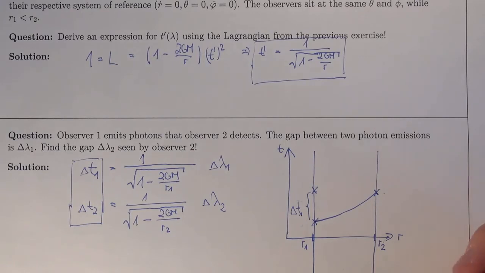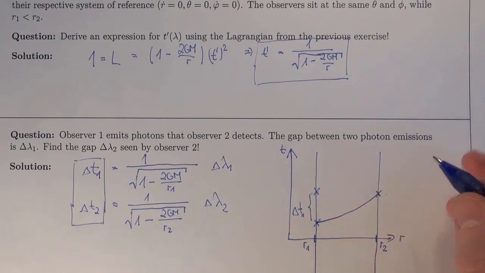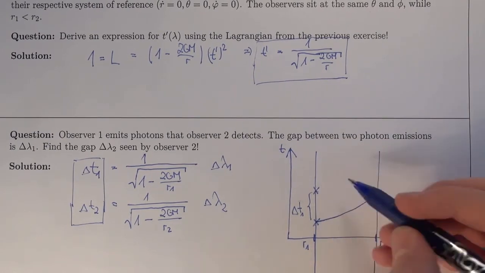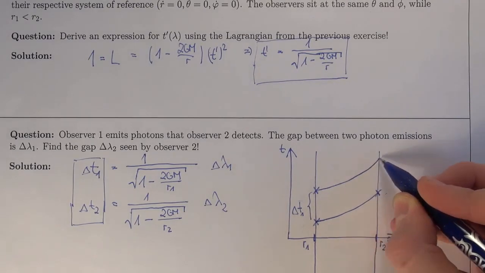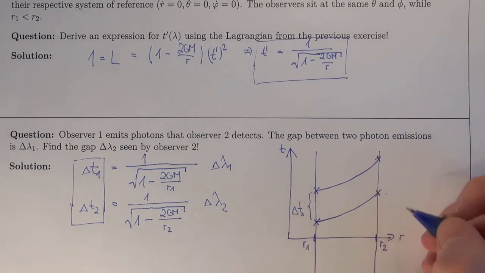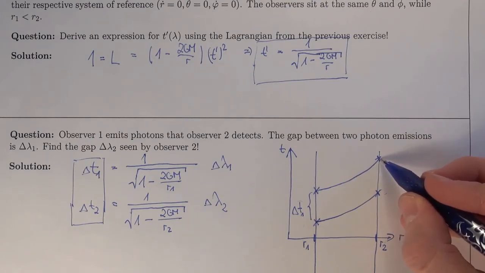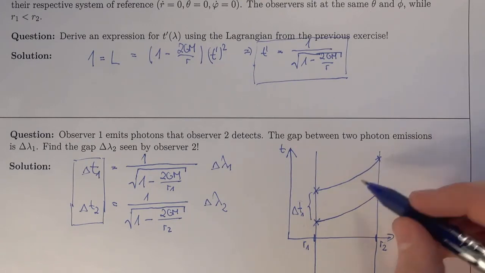Nothing has changed on r or the other coordinates. So the situation up here is just the same, and we get the same curve, parallel, up to the second detection by observer 2.